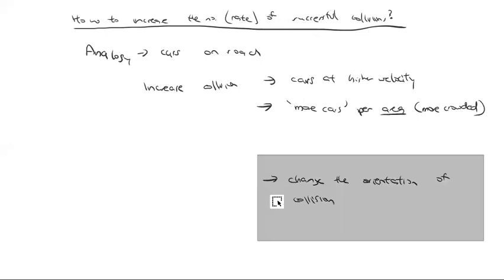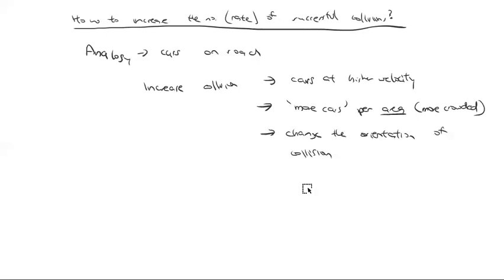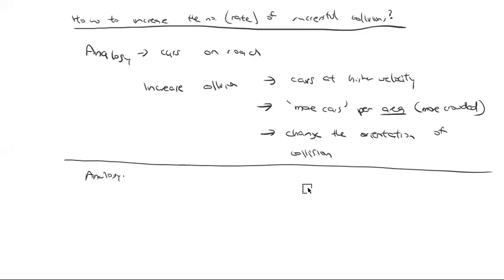So let's use another analogy. Let's now assume that we've got students trying to get into a course. How could you increase the rate of students getting into the course?